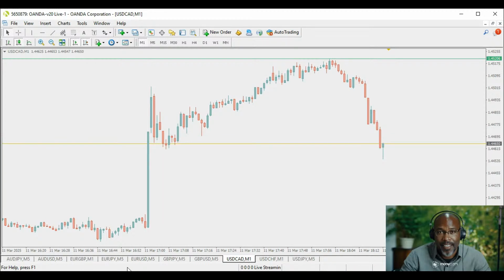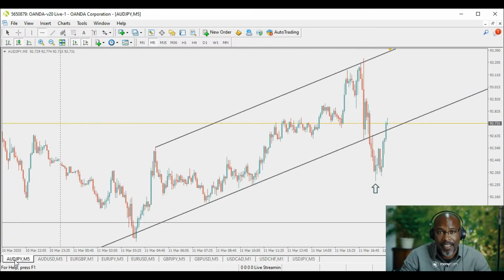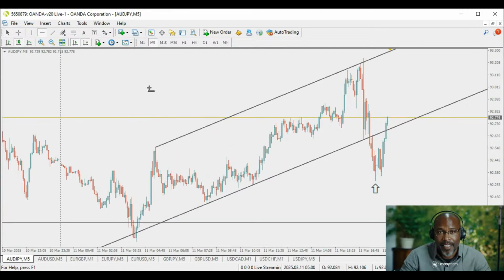Euro USD is going nowhere, but the Aussie pairs still show some energy, but not much here. Looks like the Aussie dollar Japanese yen ultimately turned out to be stronger.